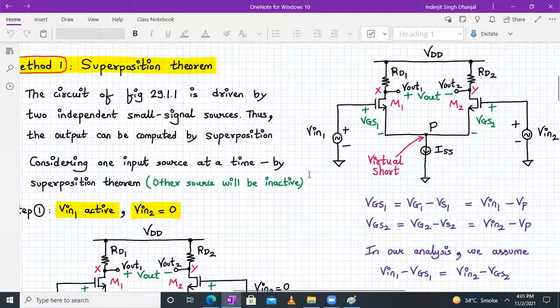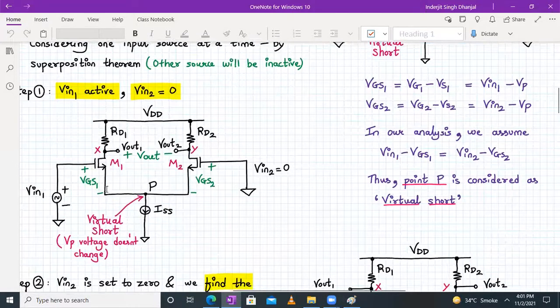From this diagram, what shall we write over here? VGS1 is nothing but VG1 minus VS1. VG1 is nothing but Vin1. So VGS1 is Vin1 minus VP, and VGS2 is VG2 minus VS2, which is Vin2 minus VP.